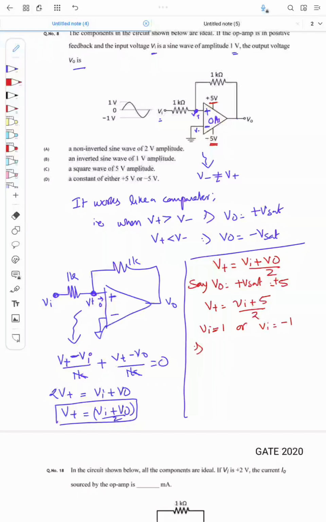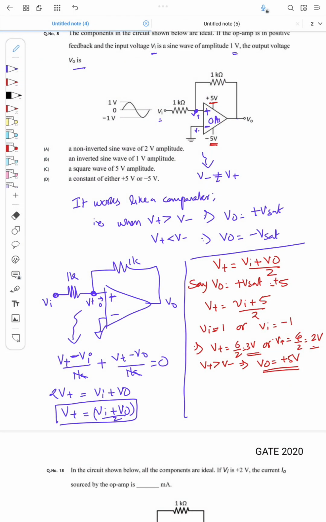If I substitute 1, V plus will be equal to 6 by 2, or 3 volt. When I substitute Vi equal to minus 1 volt, V plus will be equal to (minus 1 plus 5), that is 4 by 2, that is 2 volt. So in either case, V plus is greater than V minus, which means Vout will stay at plus 5 volt itself. So this is one case.